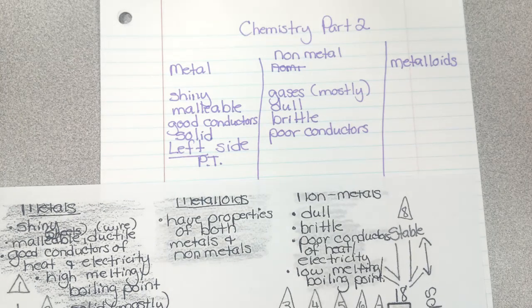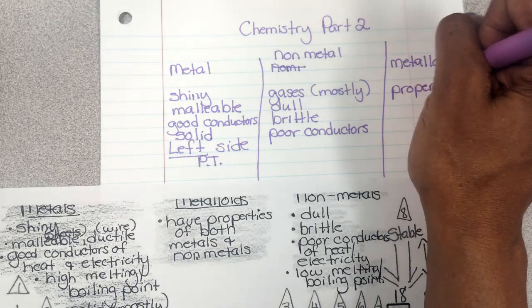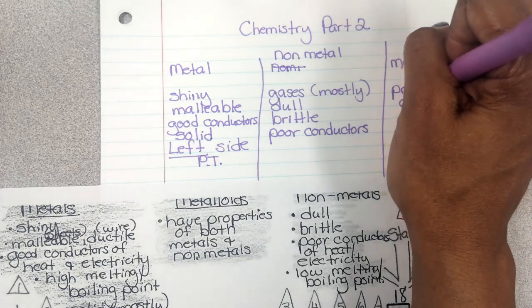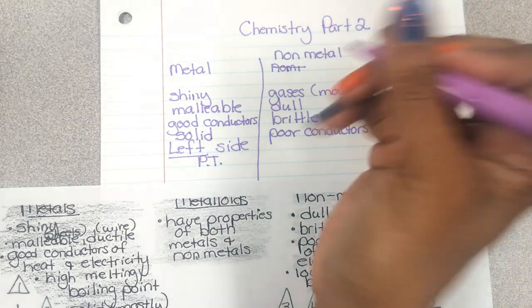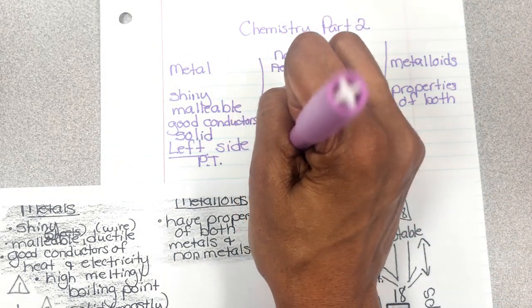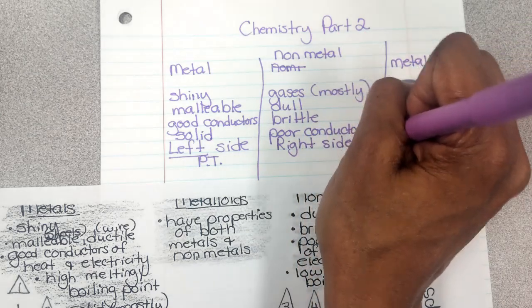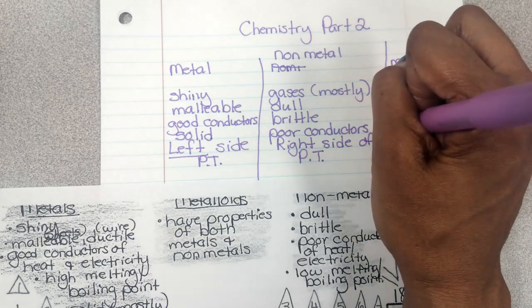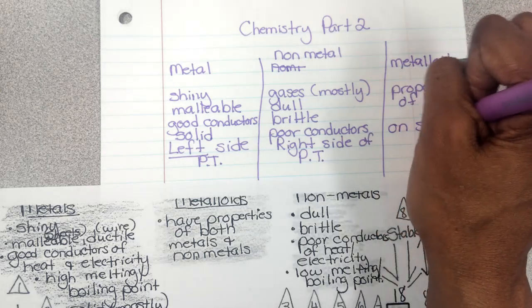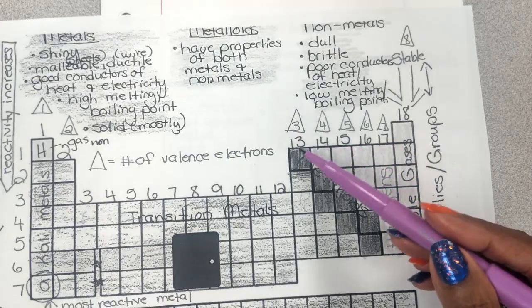And then metalloids, they have properties of both. Your nonmetals are on the right side of the periodic table, and your metalloids are on the staircase, right here.